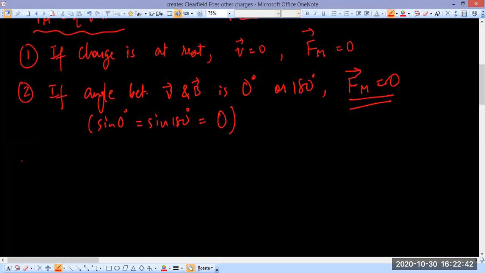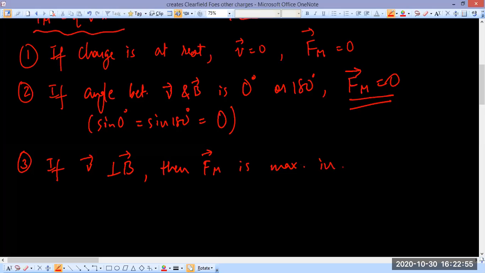And the third obvious case is if the V vector is perpendicular to the B vector, then Fm is maximum in magnitude. This clearly comes from sine 90 degrees equal to 1.